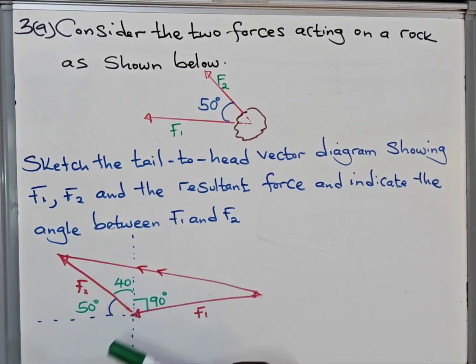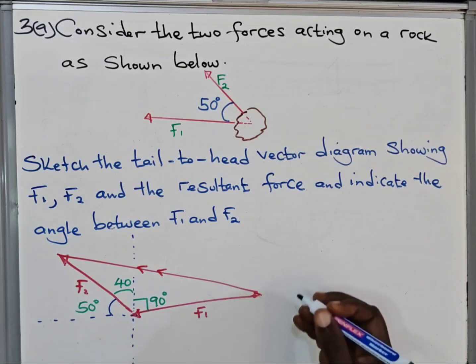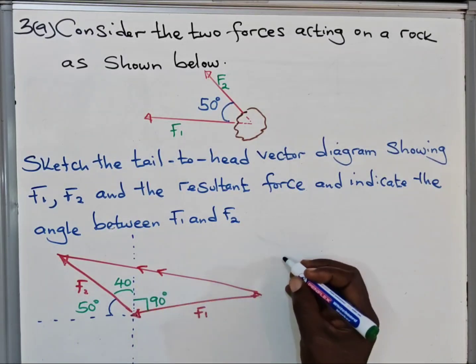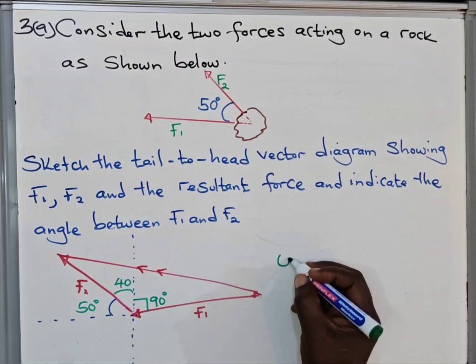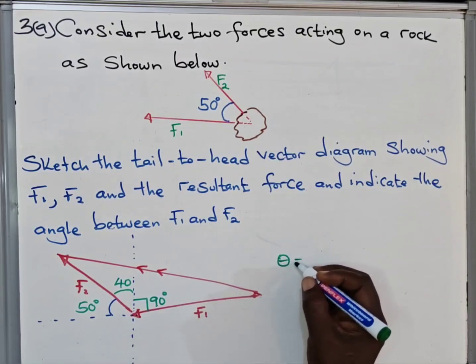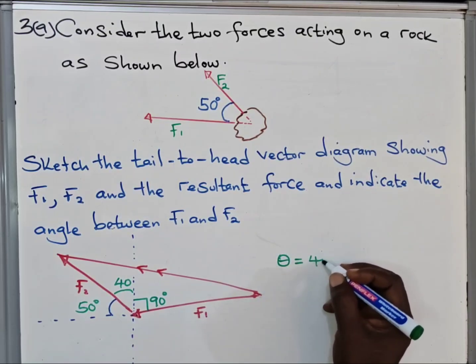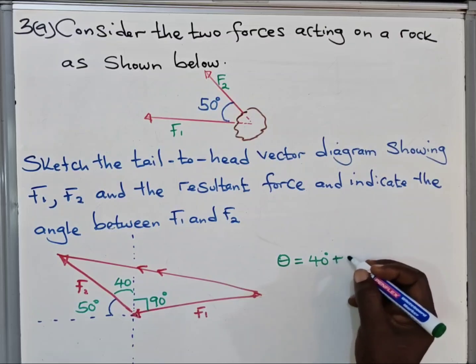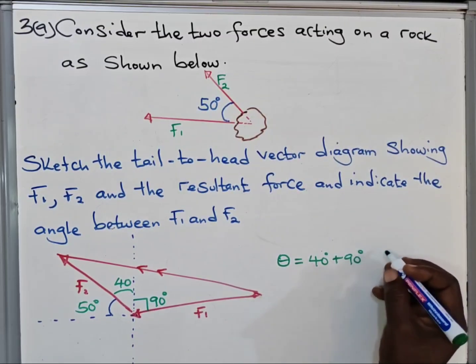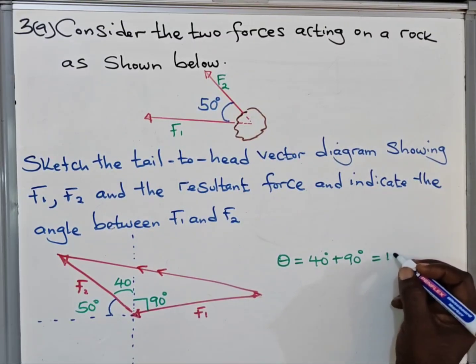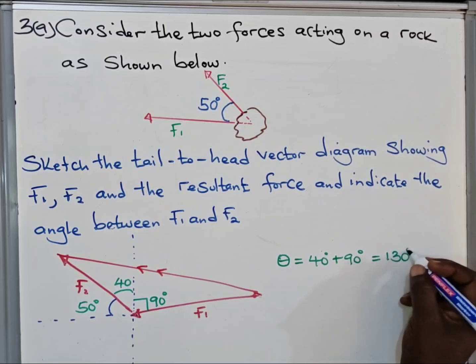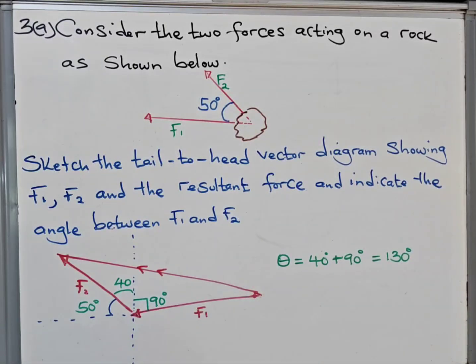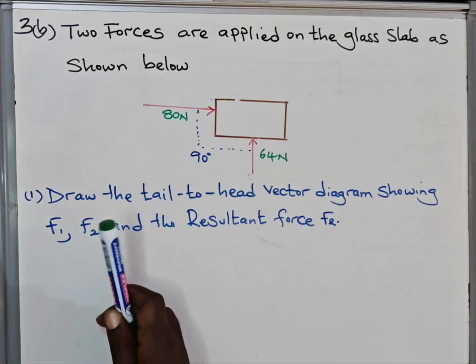It's the sum of these two. So if this angle is designated theta, our theta is going to be 40 degrees plus 90 degrees, giving you 130 degrees. Yeah, then we come to this case.